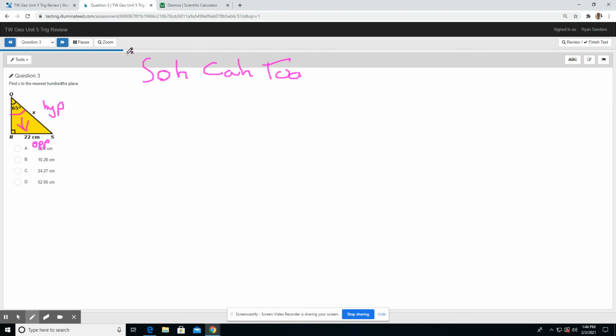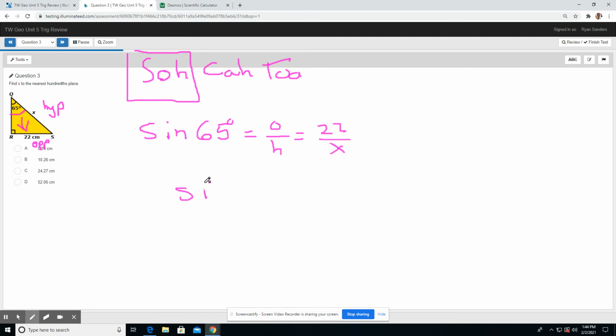There it is right there, sine. Sine of 65 degrees is equal to opposite over hypotenuse. The opposite side is 22. Hypotenuse is x. Sine of 65, we're in degrees, equals 22 over x.